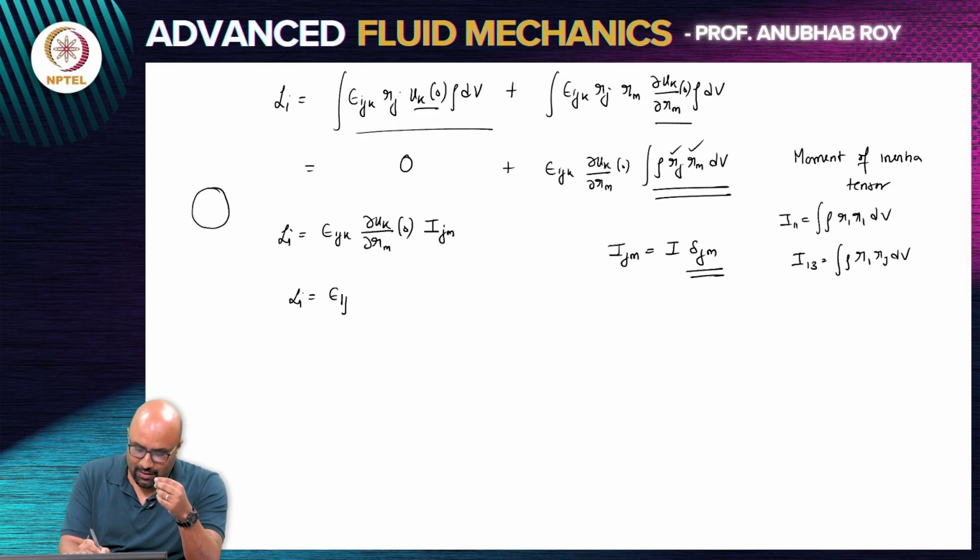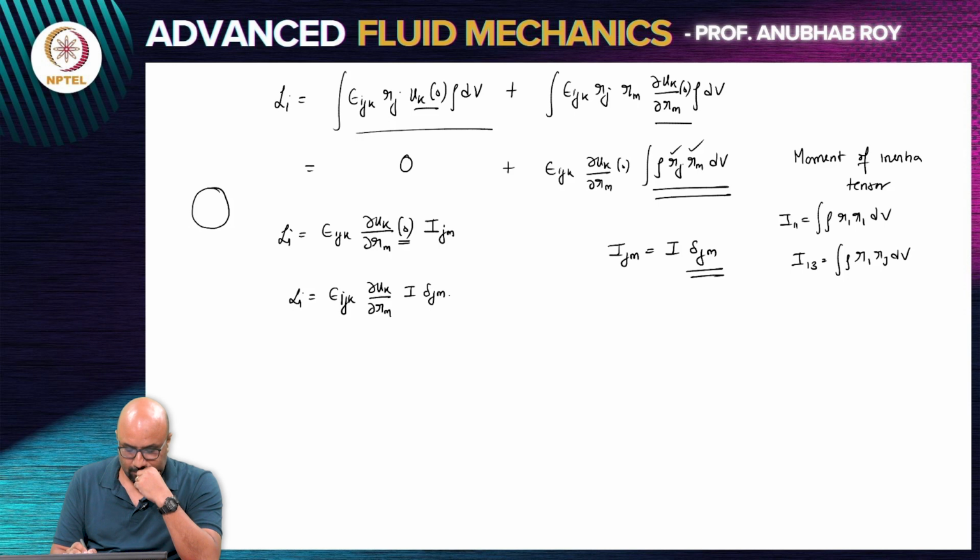So, we have epsilon_ijk ∂u_k/∂r_m, I am going to drop this 0. We understand this is about the origin. I delta_jm. The last bit, so epsilon_ijk I. Now, the identity tensor acts on the velocity gradient, and I can now write this as ∂u_k/∂r_j.